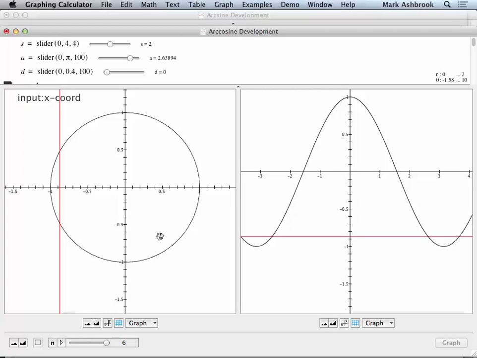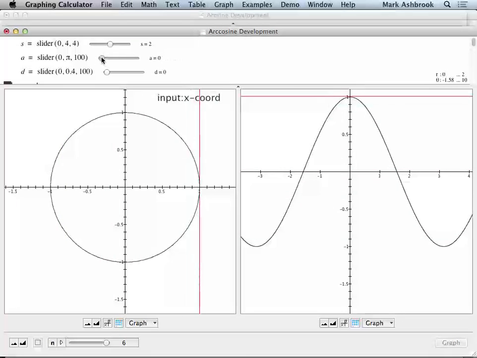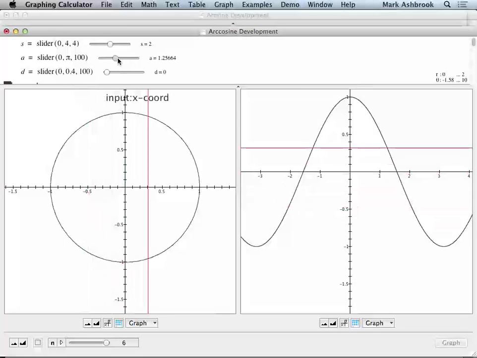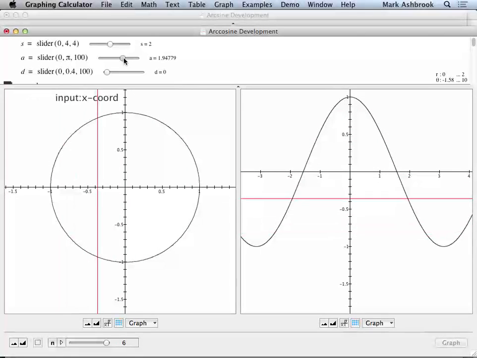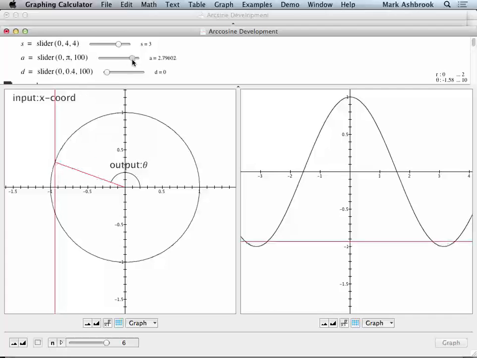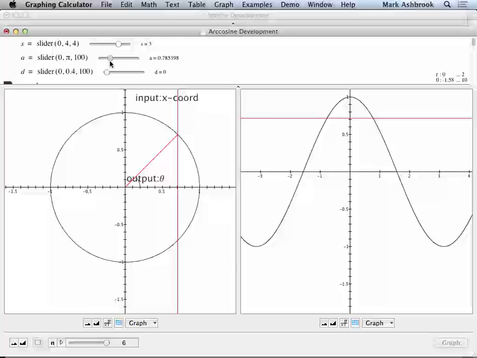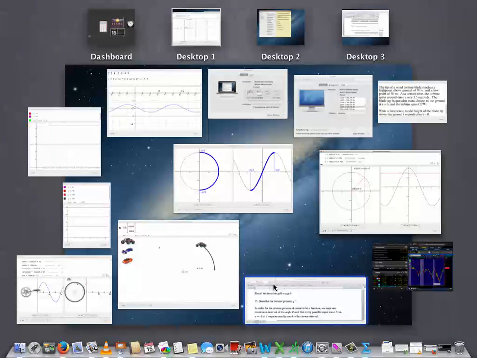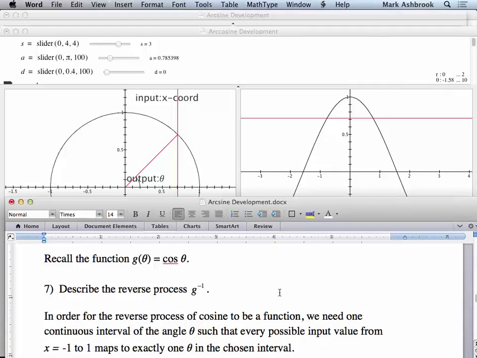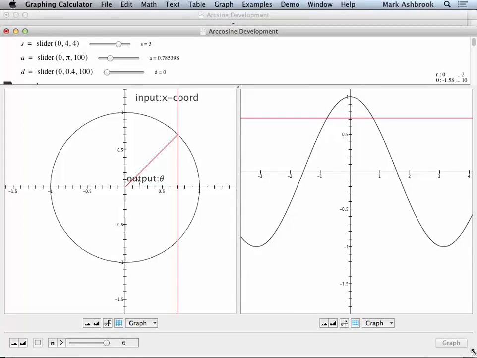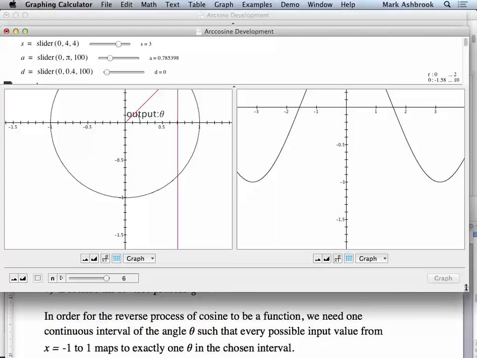So now the input's going to be x coordinate, and its output is going to be angle. Okay, so input x coordinate, output angle. Same thing, in order for this to be a viable function, we need one continuous interval of angles.